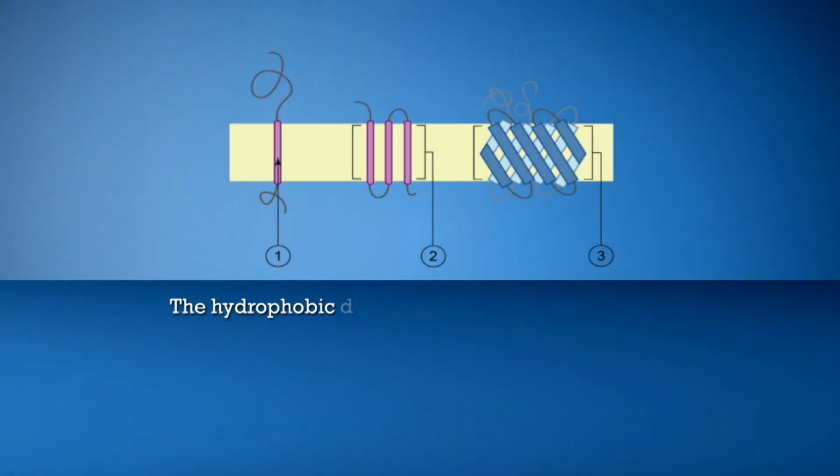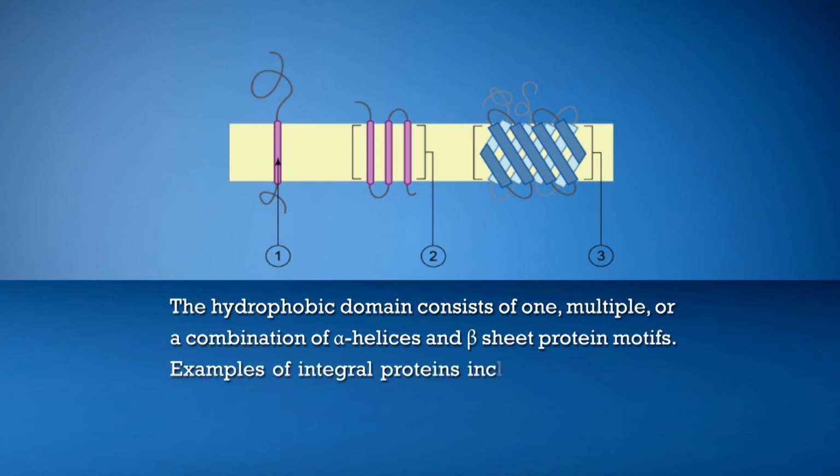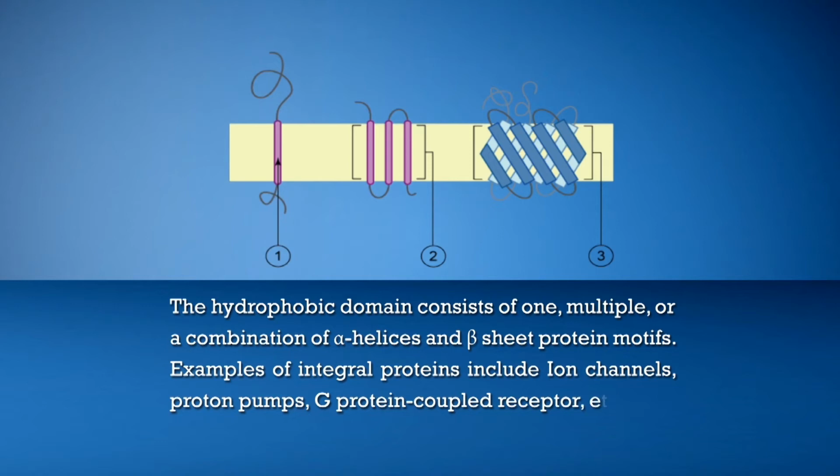The hydrophobic domain consists of one, multiple, or a combination of alpha helices and beta sheet protein motifs. Examples of integral proteins include ion channels, proton pumps, G protein coupled receptors, etc.